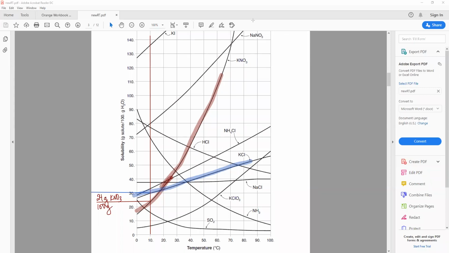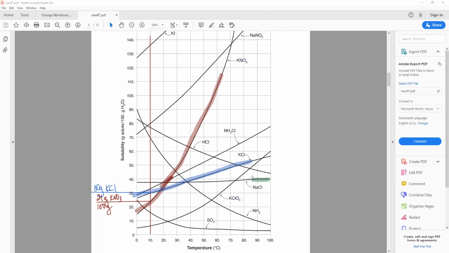So I'm going to say 30 grams of KCl. Let's pick a different color. Let's go with the green. The next one is NaCl.